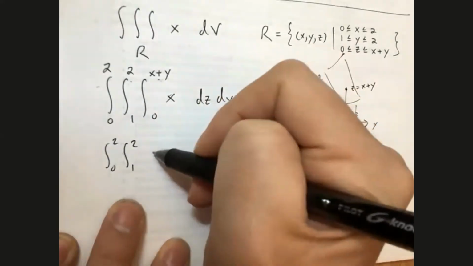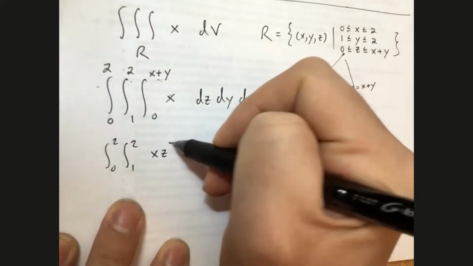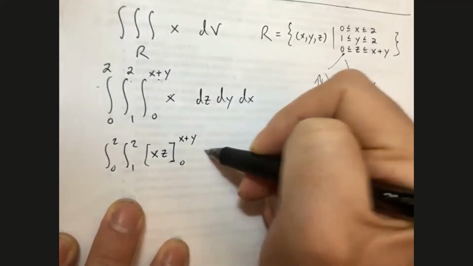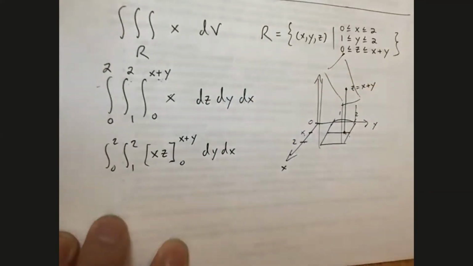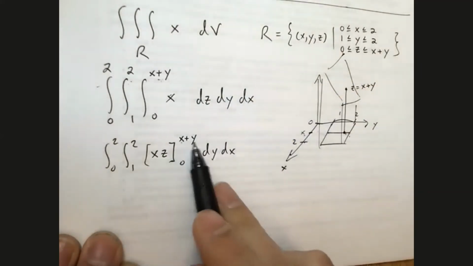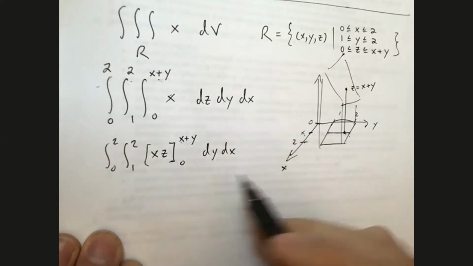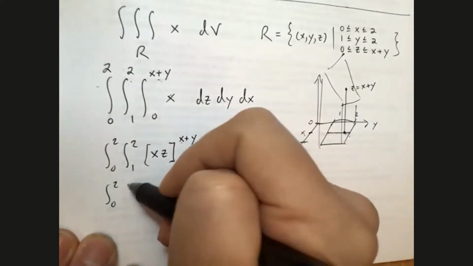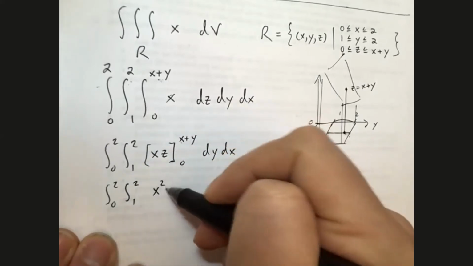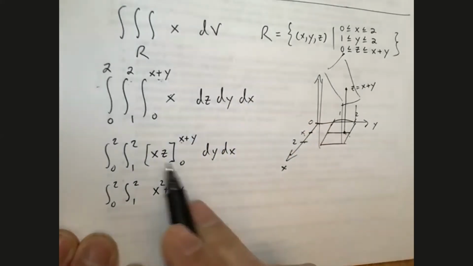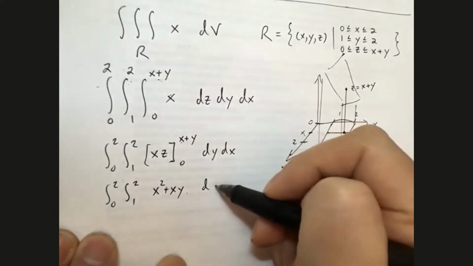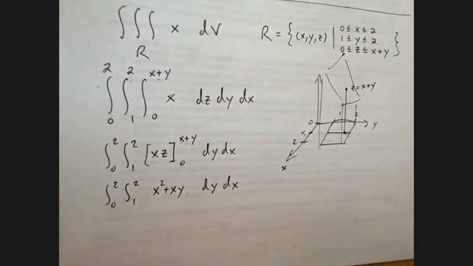Well, that'll become xz. And then we're going to evaluate that from 0 to x plus y. If I plug in x plus y in place of z, I get x squared plus xy, right? And when I plug in 0, I get 0, so I don't have to subtract anything here. So I get this.